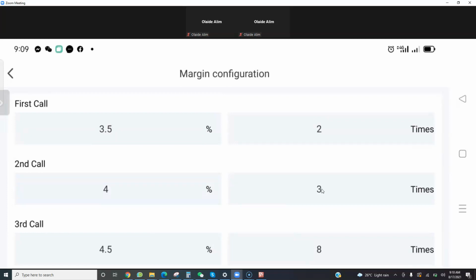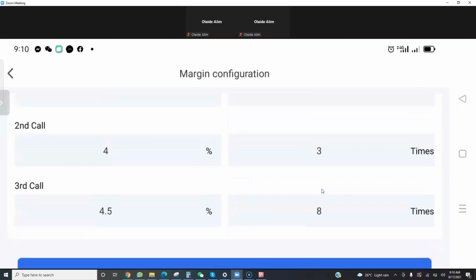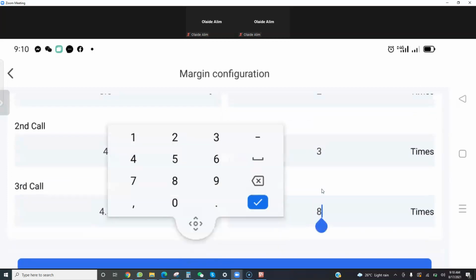The second call, $30, making 30 plus 30, that is $60. So the third one we can put 3 here.